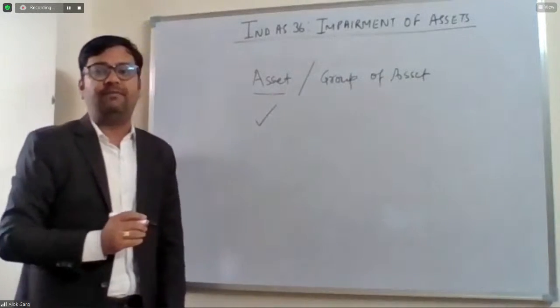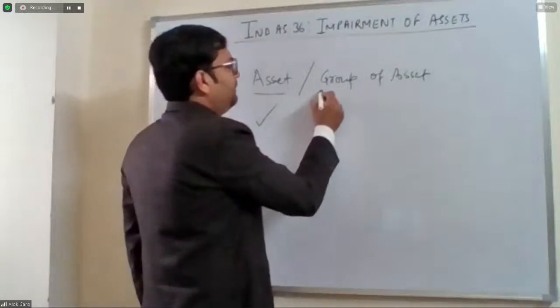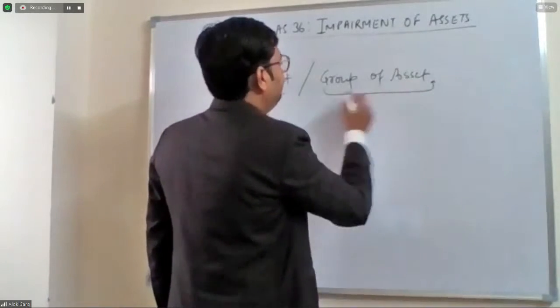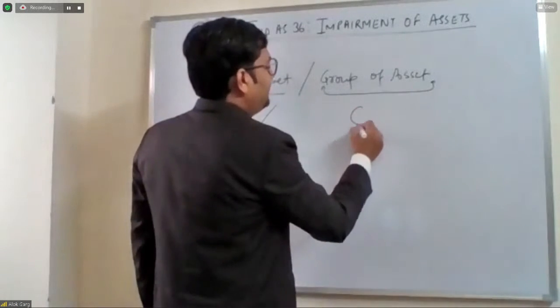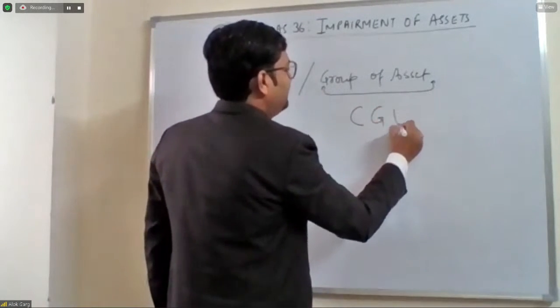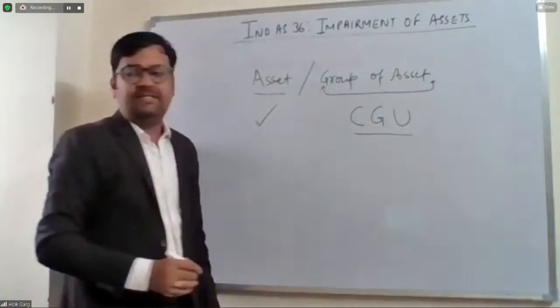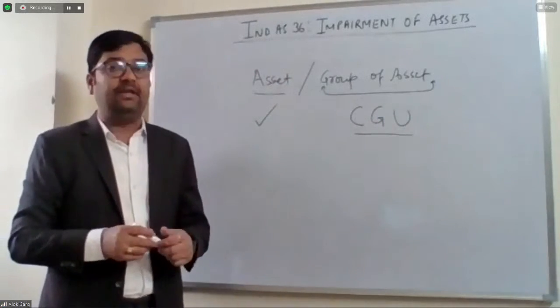The concept of asset we have discussed, but the concept of group of assets we are discussing now. So what is this group of assets? This group of assets is known as a CGU, cash generating unit.